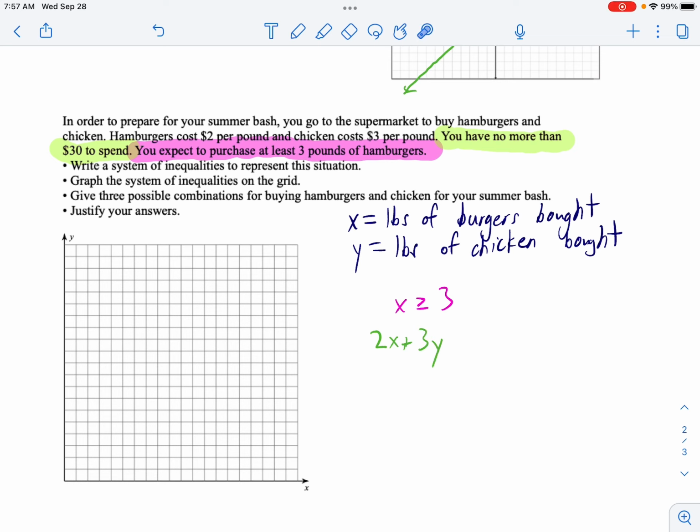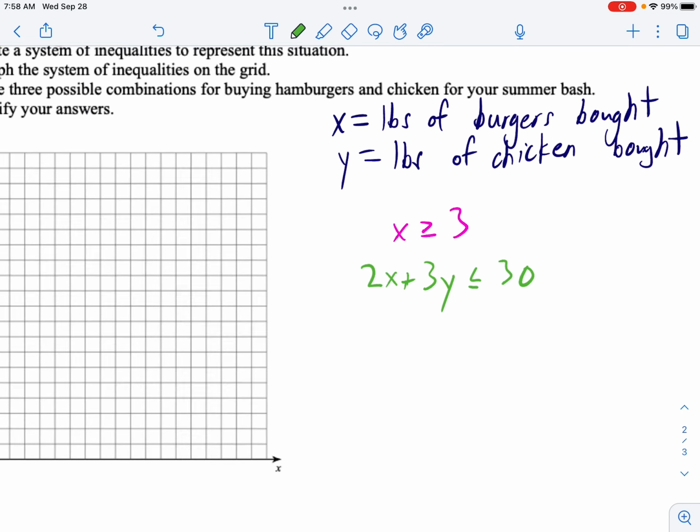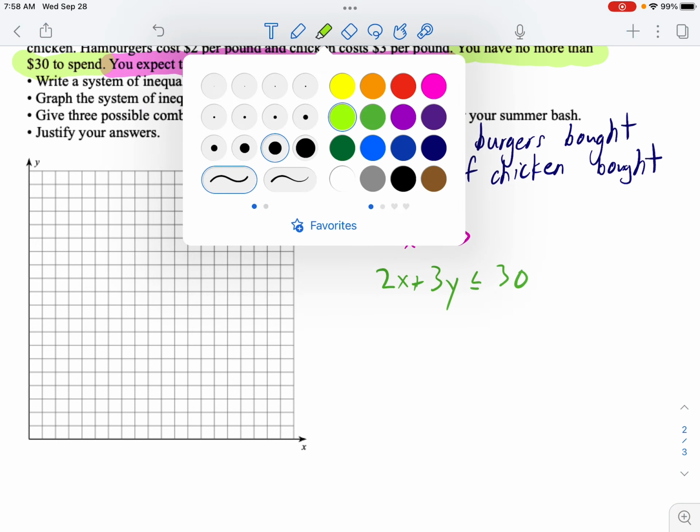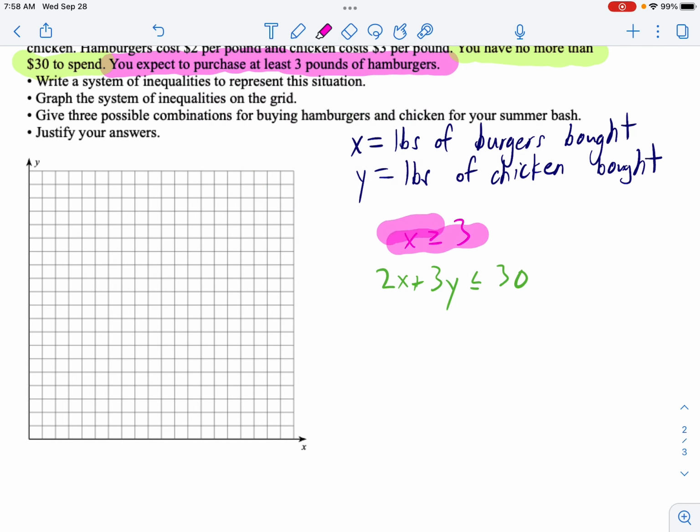So it costs $3 per pound of chicken, and I'm going to buy Y pounds of chicken. So that's the total money I spend on chicken. The sum of these 2 terms is the total money I spend. And that has to be what? I have no more than $30 to spend, so that has to be less than or equal to 30, okay? So this right here is my system of inequalities. There's my system of inequalities.